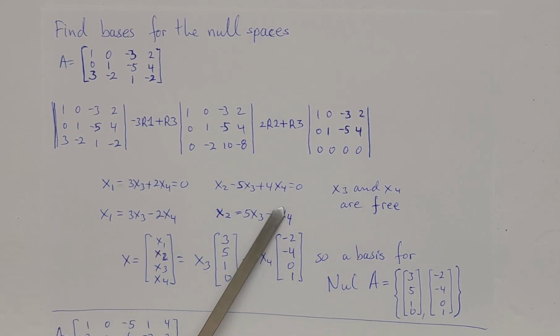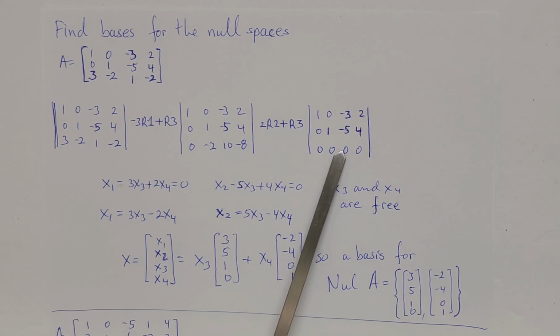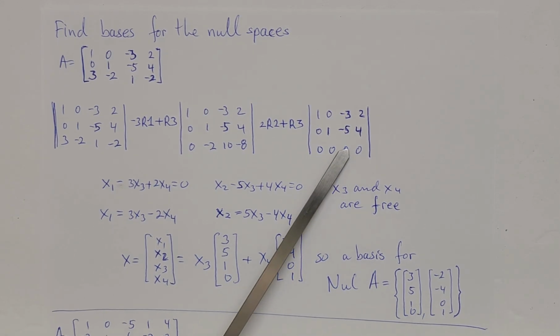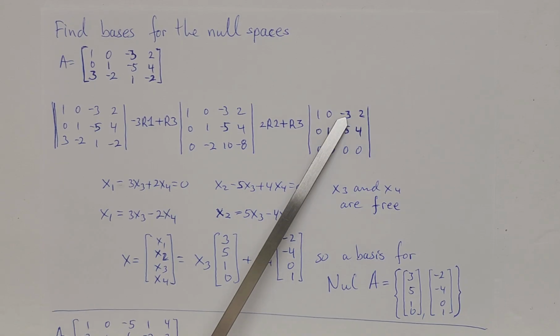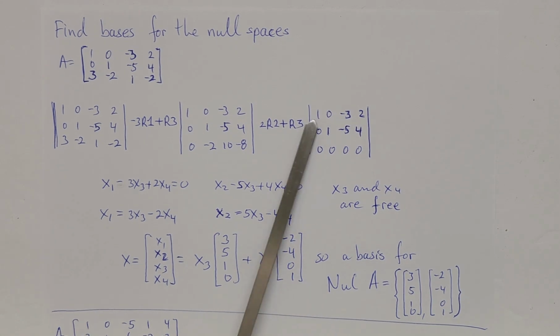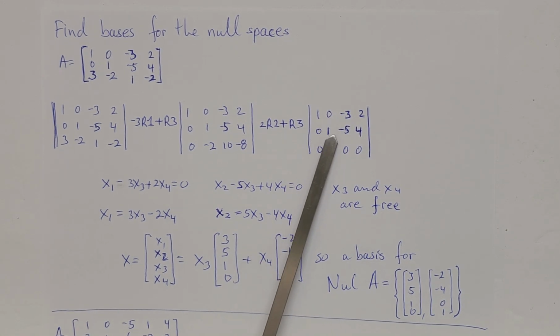Okay, and as you can see, there's nothing here, so we are done. If there is something here, whatever that number is, we need to change this to be a 1. We need to change this to be a 0. We need this to be a 0. Because there's nothing here, we'll leave it alone. And as you can see, we have something here. We have something here.